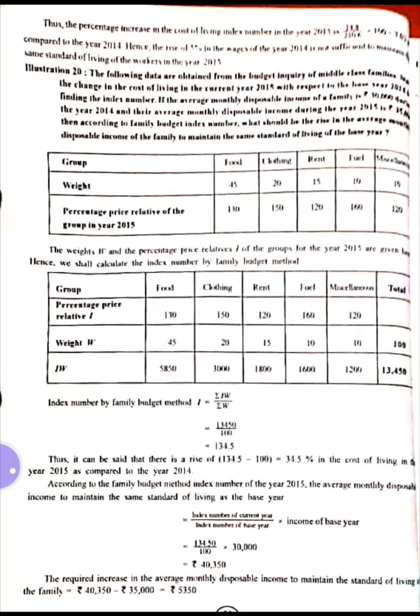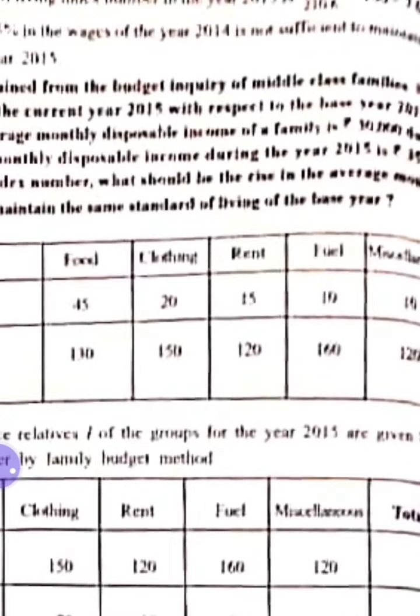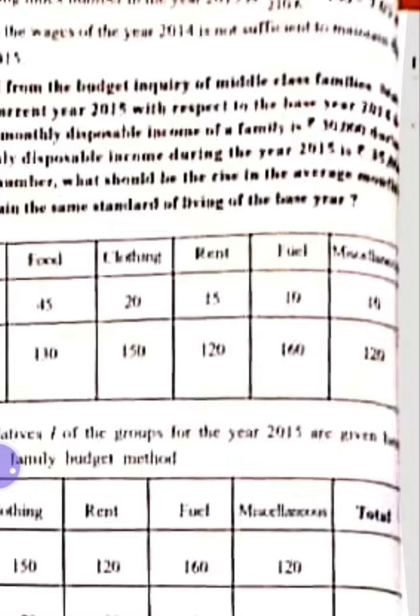For that, we have just found the difference, which came up to 14.8. The index number we found for 2014 was 210.60, which we are going to take in the denominator. So 14.8, that is the rise, divided by the base year index number 210.6, multiplied by 100.